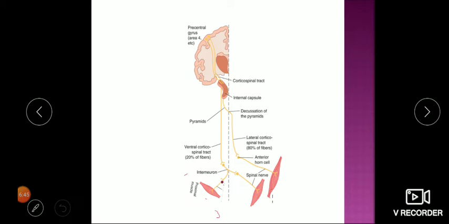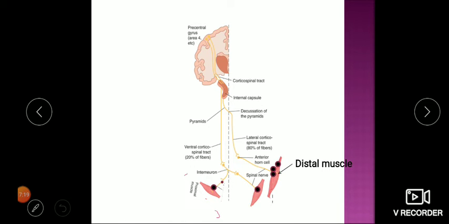So here is a diagram from your textbook of Review of Physiology, that is Ganong. Here I have shown the origin. You can see 80% is crossing to the opposite side, 20% going on the same side, but here you can see this 20% of fibers are having bilateral representation. They supply both sides. Now these are controlling the body's proximal muscles, which control the body's posture.